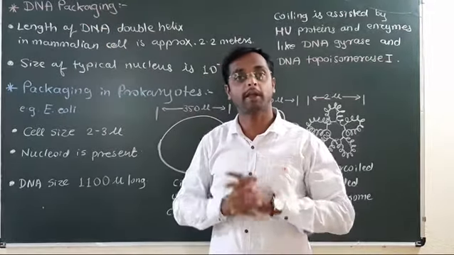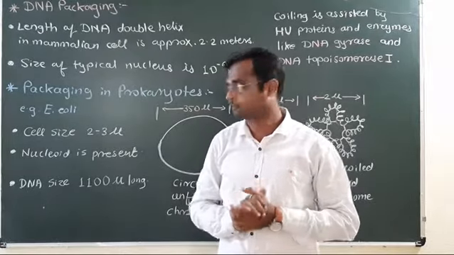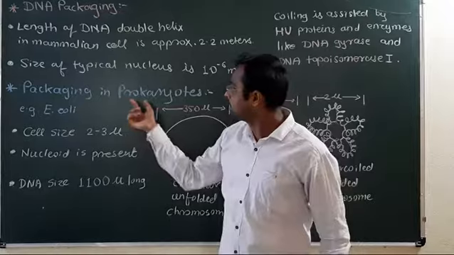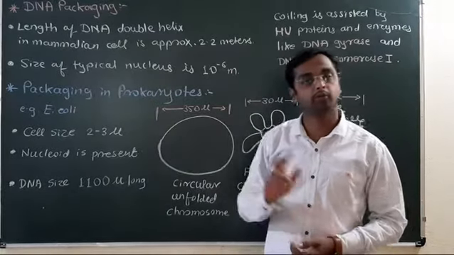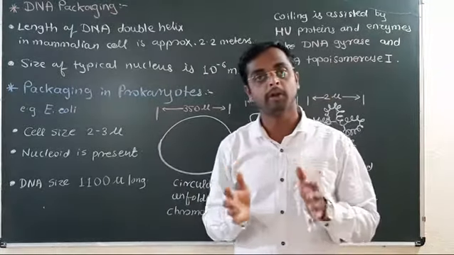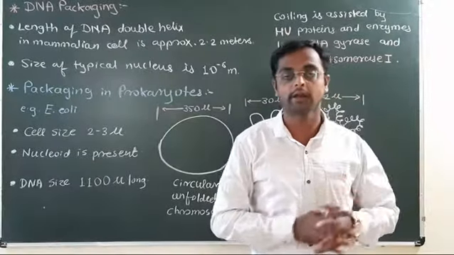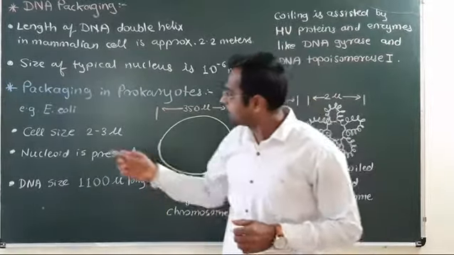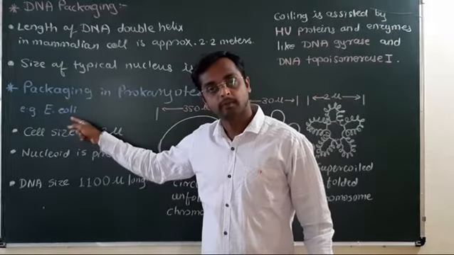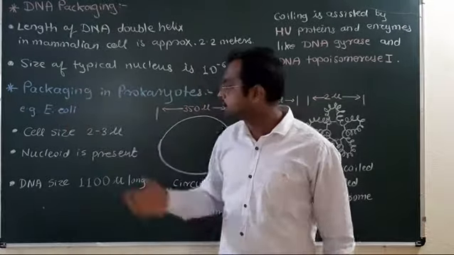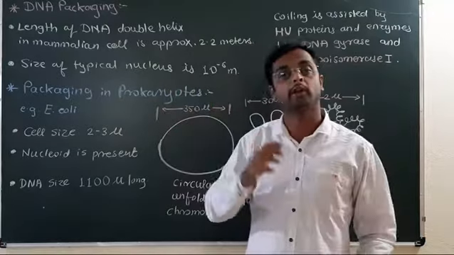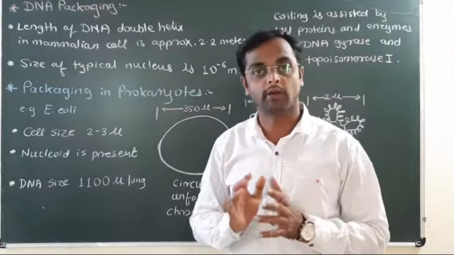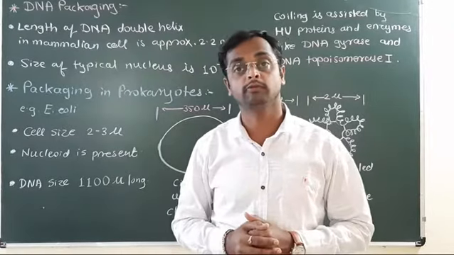There is a particular pattern of accommodation. First we will see the packaging in prokaryotes. Cells are of two types: eukaryotes, and human and mammals are eukaryotic organisms, but some bacteria, for example E. coli, are prokaryotes, and in prokaryotes there is an absence of a well organized nucleus.